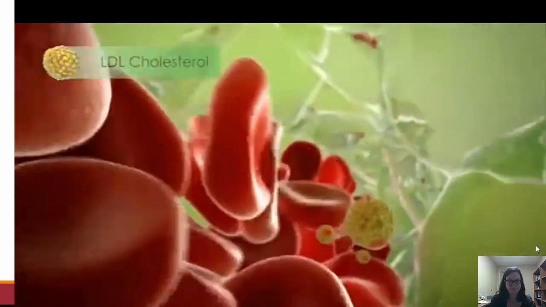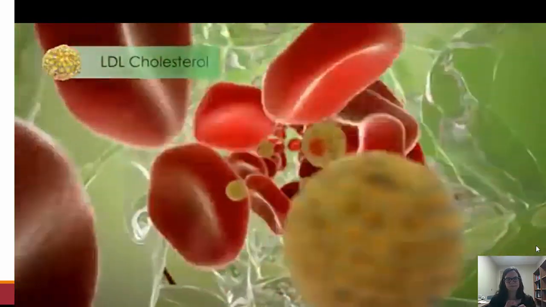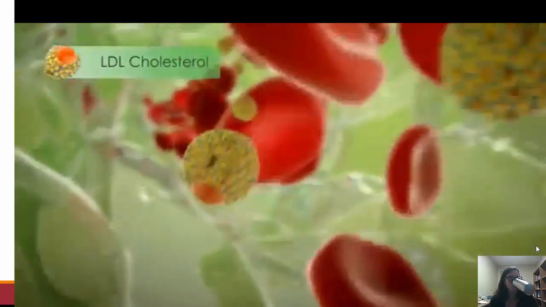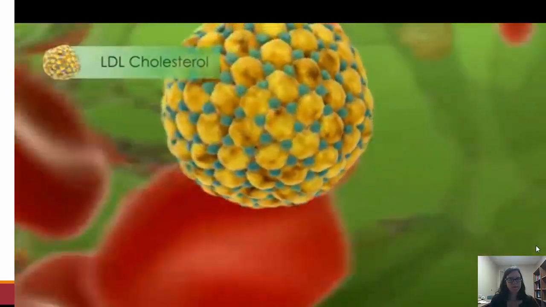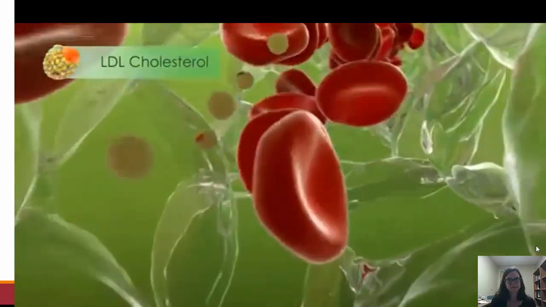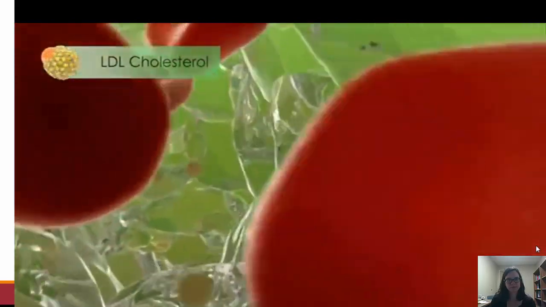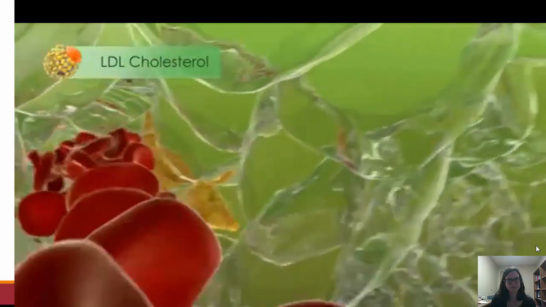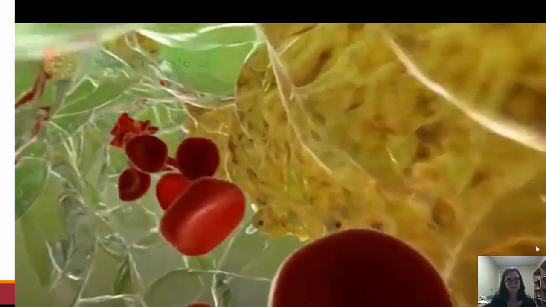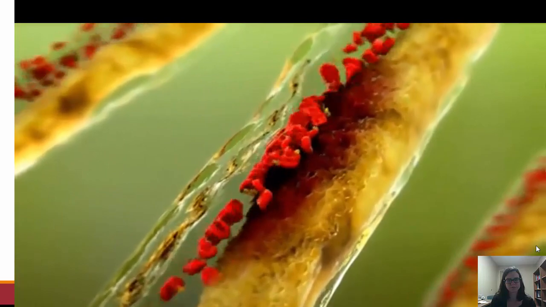A member of the lipids family and an essential molecular building block in the human body, cholesterol circulates around the bloodstream, attached to proteins, forming complexes known as low-density lipoprotein cholesterol, or LDL. In this form, cholesterol is carried to the tissues that need it. However, too much LDL can be problematic, as it can lead to the formation and buildup of atherosclerotic plaques on artery walls. This can cause problems such as obstructions and ultimately myocardial infarction.